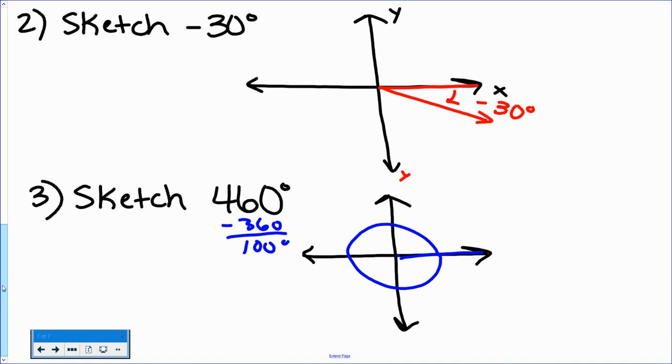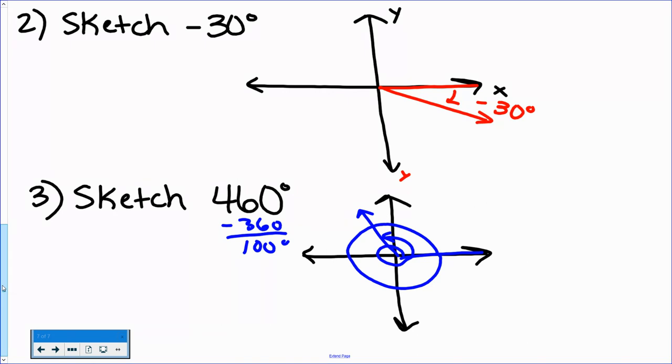So that means it would end up ending right there. The terminal side would end just 10 degrees past your y-axis. So you'll see a little circle and then an arrow ending there when you're selecting that picture, to show that it went past 360.